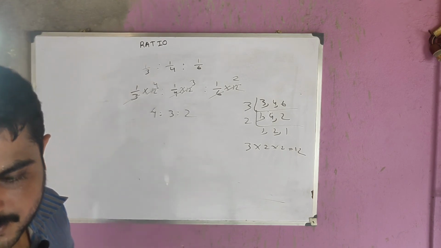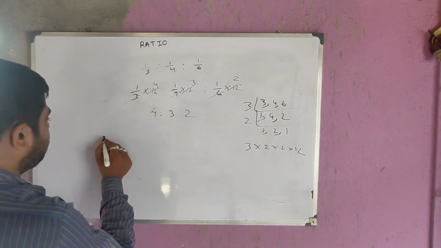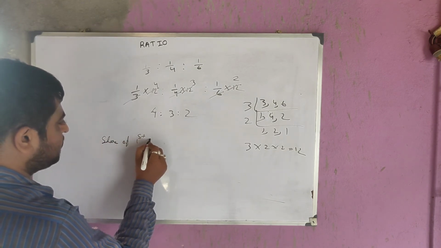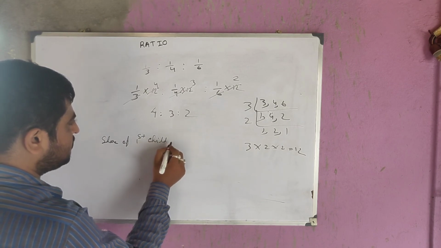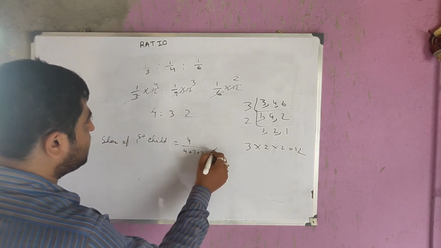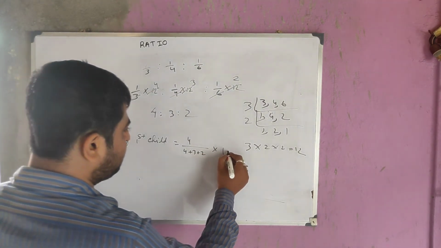So find the share of each child. Share of first child, how much? 4 by the sum of these 3, into what is the total amount? 180.